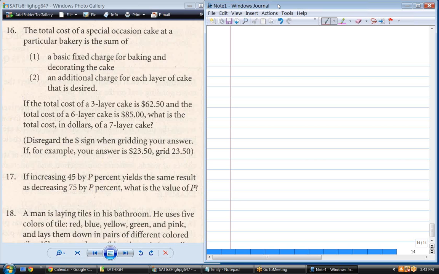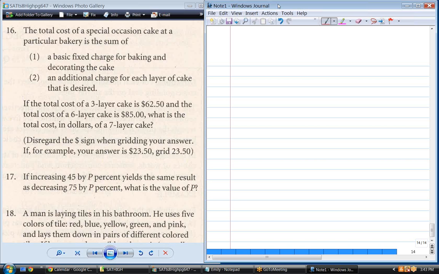All right, we're not going to be able to solve this one by back solving, so we're going to have to set up the equations. What's the first thing you want to do when solving a word problem when you have to do the algebra? Define your variables. Once you define your variables, everything else kind of flows.